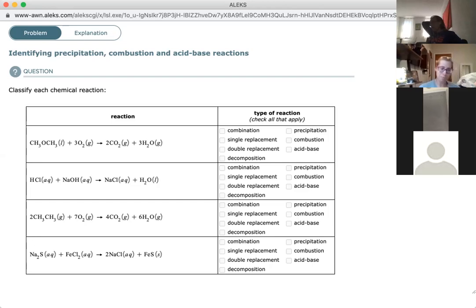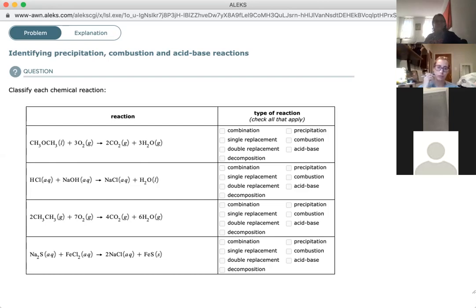It's a form of metabolism. Combustion is the opposite of photosynthesis. Combustion is how we generate energy from fuels. When we burn a candle, that's combustion. When we burn oil or gasoline, that's combustion.